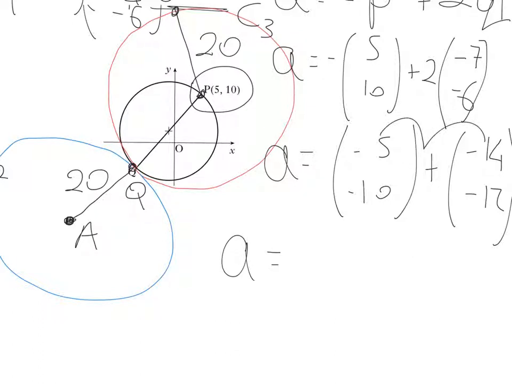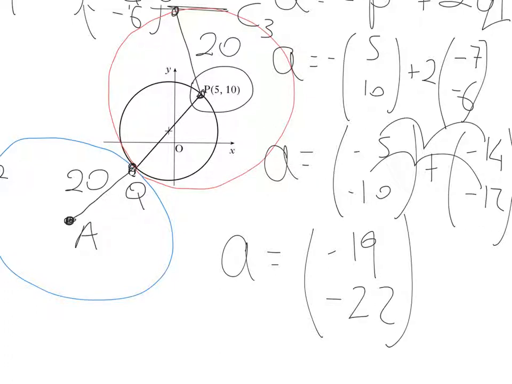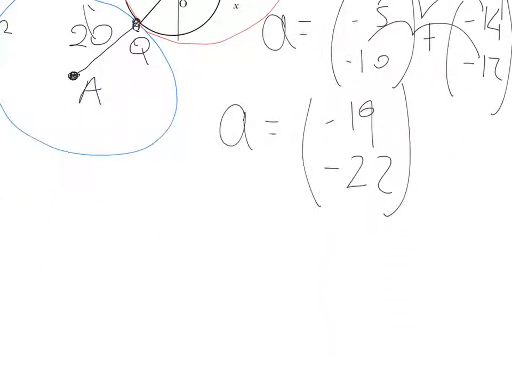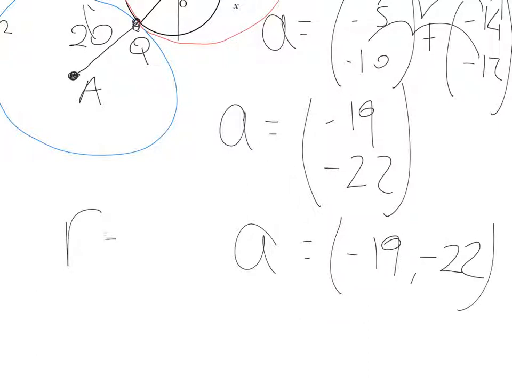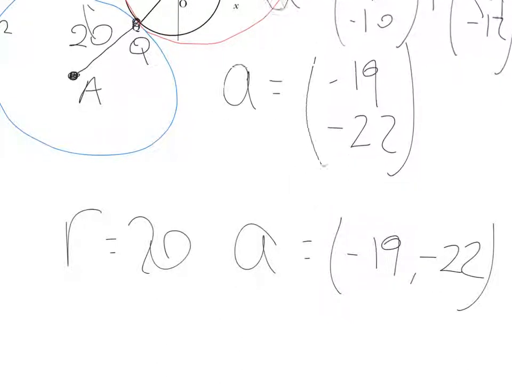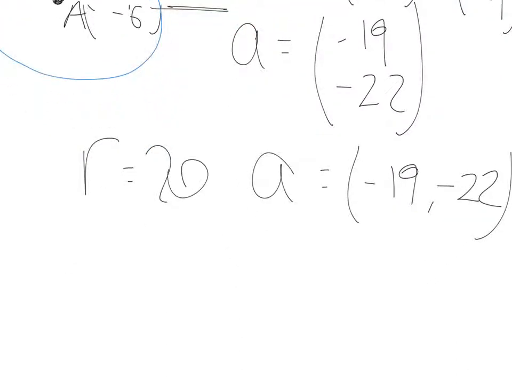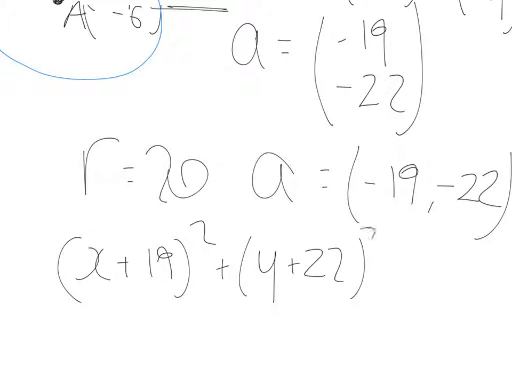So −5 plus −14 is −19, −10 plus −12 is −22. So the circle centre for that one is the point (−19, −22). I know that the radius is equal to 20, and I can now put that into (x − a)². So (x + 19)² + (y + 22)² = 20², and that's 400, that's the final answer.